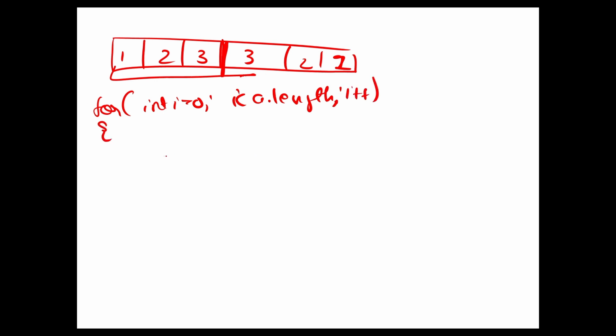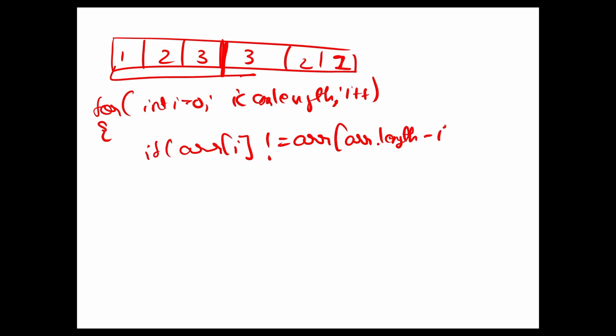Then I am checking if arr[i] is not equal to arr[arr.length minus i minus 1]. In another video, I have taught this concept of how we reverse the array. Then I have written return false.